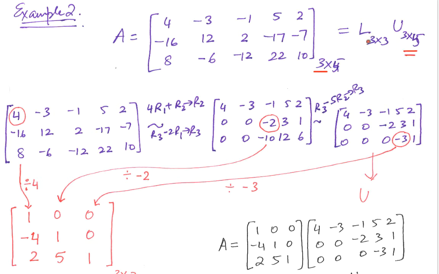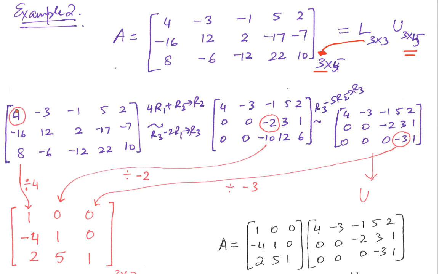What we normally do is, in the first example we went step by step, but in this one we can do it together. We write this matrix, and as we go along applying row operations, simultaneously we write down the elements for the lower triangular matrix.